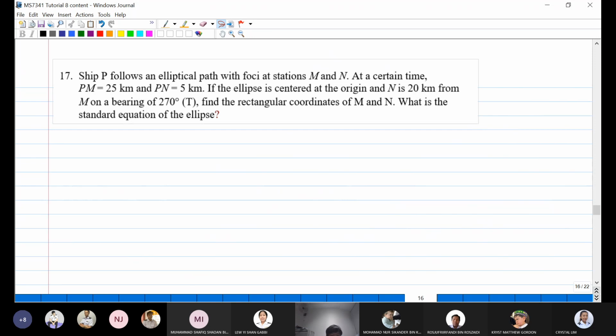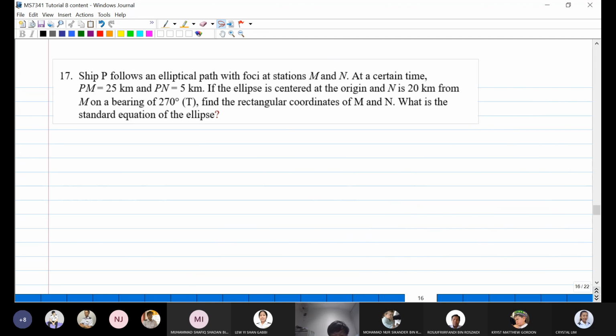This is hard, and this is what you expect to do in the exam. Let you read the question first, see whether you understand the question first. There are a few things you need to know.